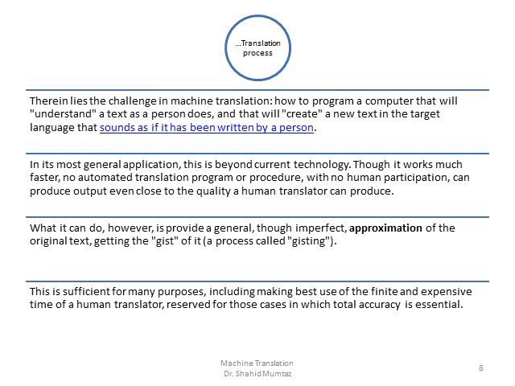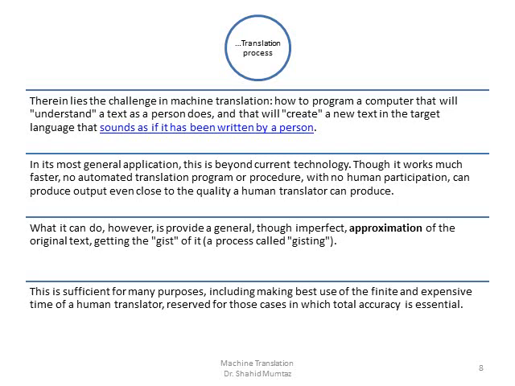No automated translation program or procedure with no human participation can produce output even close to the quality a human translator can produce. So here, the machine translation process works very fast, I mean much faster than a human being, but no machine translation program or procedure without human participation can produce output even close to the quality a human translator can produce.